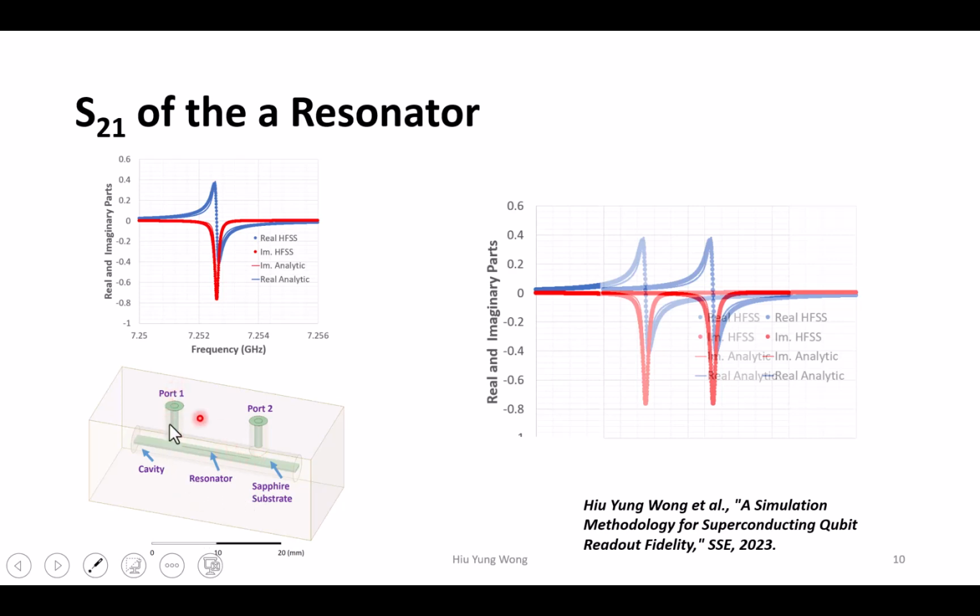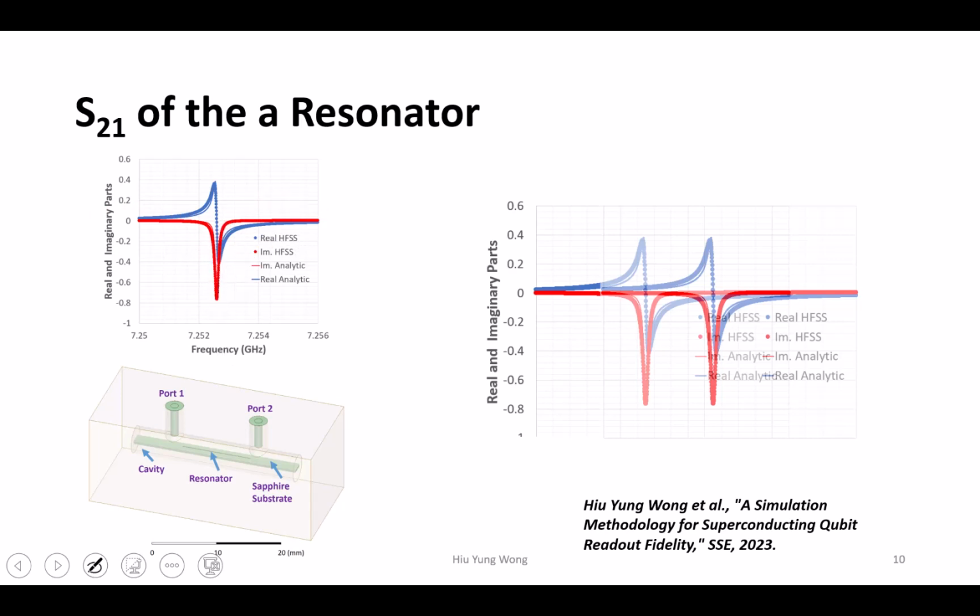But basically here I simulated and plotted the real part and imaginary part of S21. So look at the real part, which is the blue. It starts from 0 and then will pick up like this. And then the imaginary part is like this, right?